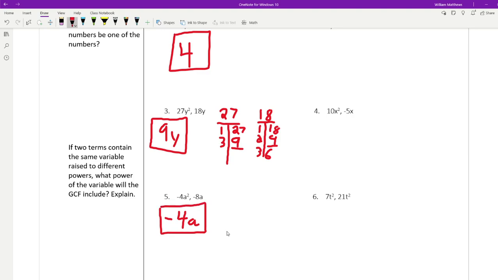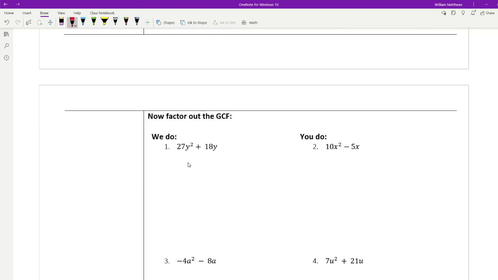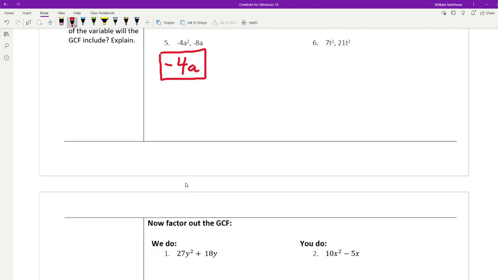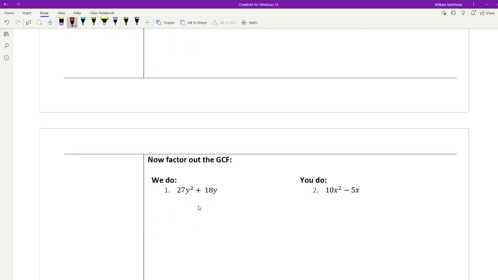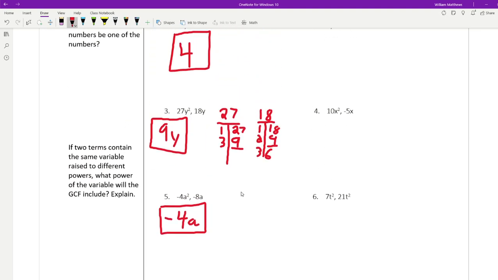Now the way this will look in our polynomials, we kind of follow the same steps of what we're factoring out, but the way we set up the expression is going to look a little bit more organized. If I look at 27 and 18, I can break those down because 18 does not divide 27. One and 27. 9. We've already done it up here.